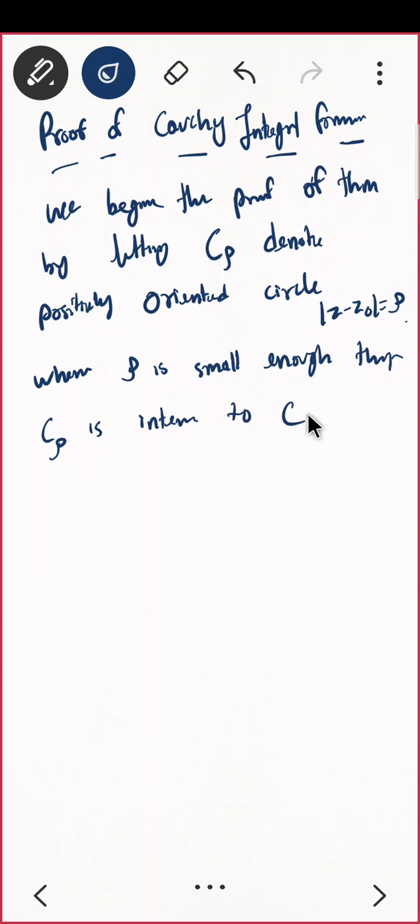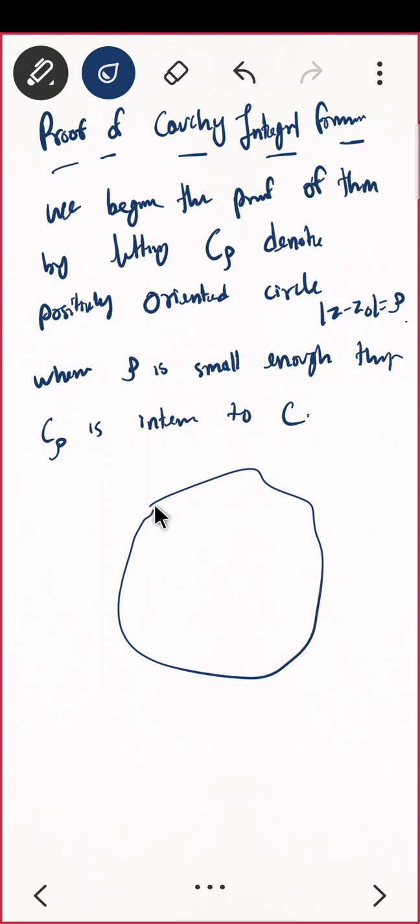Interior to C. That means what? Suppose this is your C, correct? And there you get your Z naught.